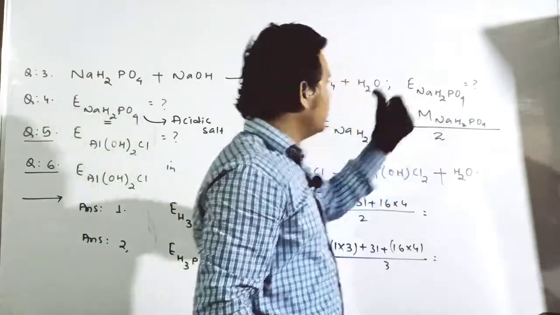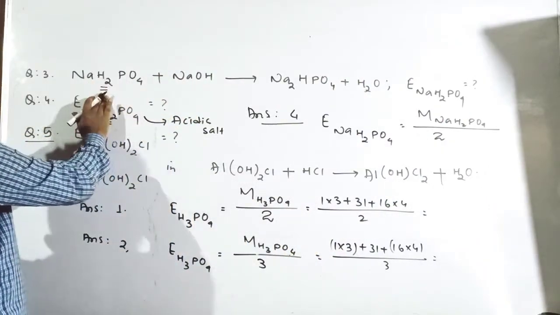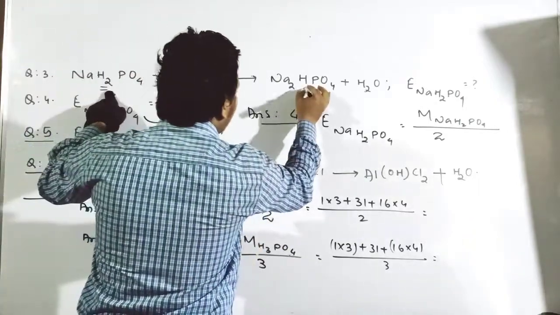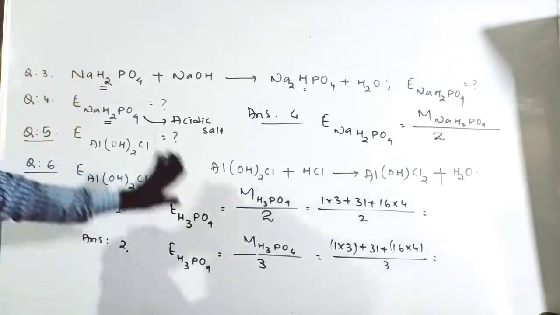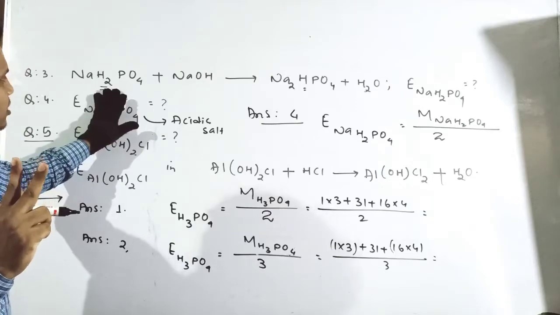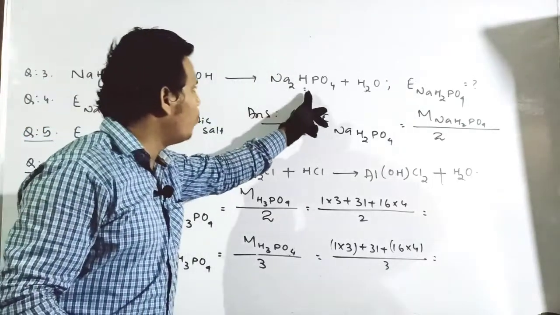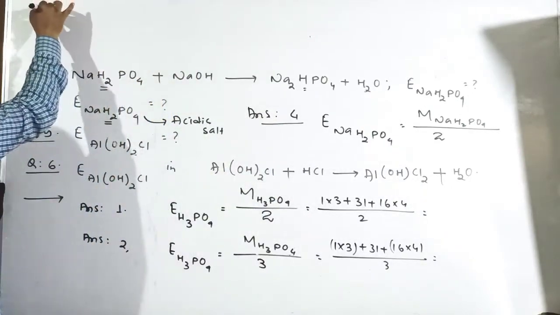So in the given reaction, this compound has 2 replaceable hydrogen atoms, but how many hydrogen are replaced? Just only 1. It has the option to replace 2 hydrogen, but in the given reaction it has replaced only 1 hydrogen. So in the reaction, what will be its equivalent mass?